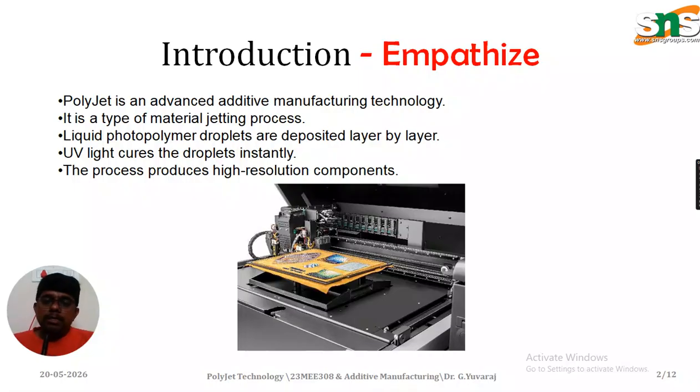Generally PolyJet is an advanced additive manufacturing technology, a type of material jetting process, where liquid photopolymer droplets are deposited layer by layer, and UV light cures the droplets instantly.